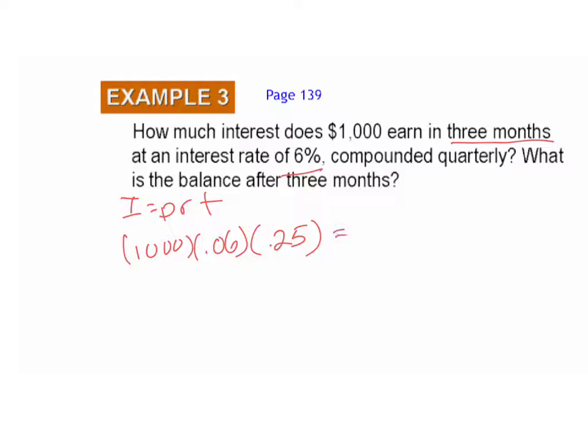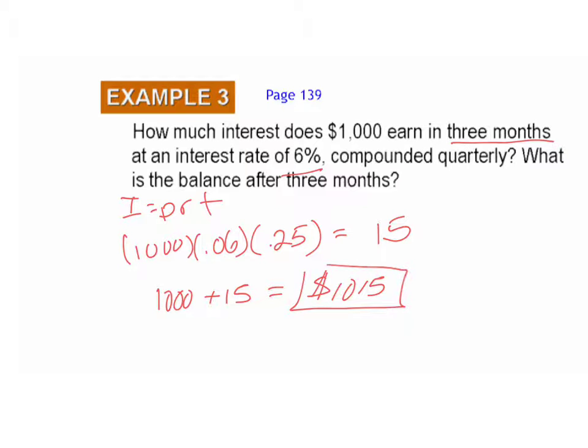And when you plug that into your calculator, you get 15. So at the end of 3 months, we would have $1,000 plus 15, or $1,015. When you get that down in your journal, you may proceed by pressing play again to the next slide.